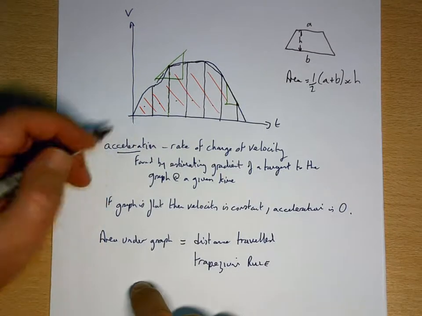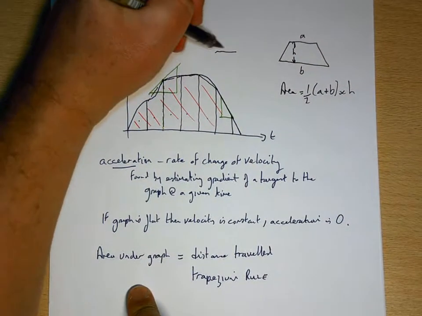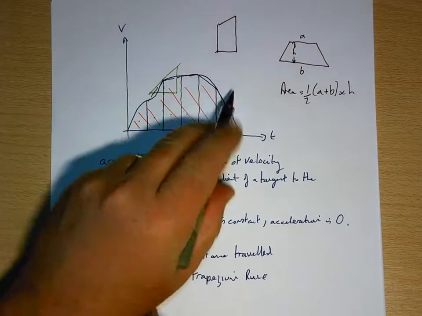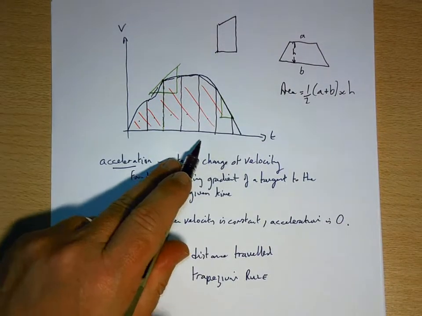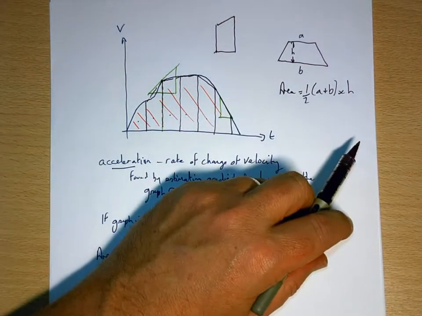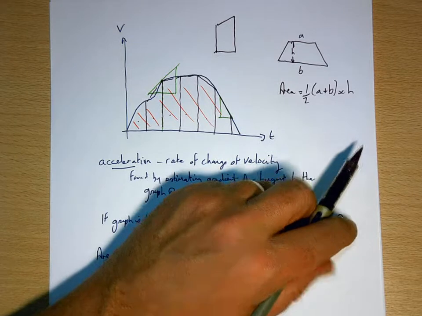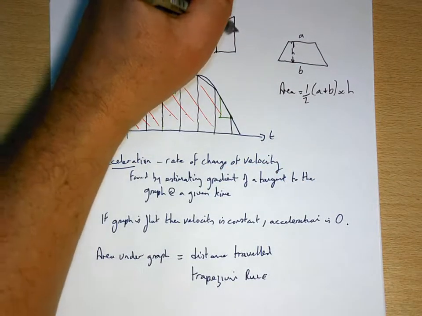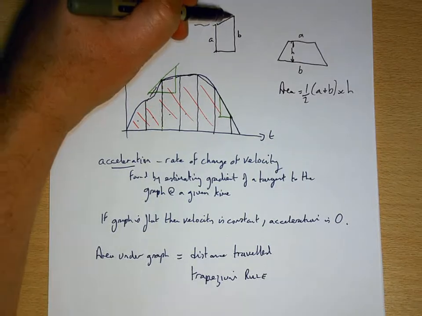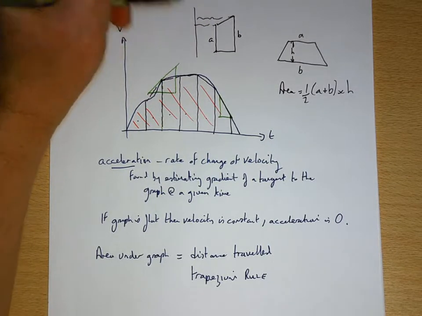Our trapezia are standing on their edge and they look like this. This is your time axis, your horizontal axis, so that's flat. So we've only got one angled side, but that doesn't matter. These are our A's and B's, so we read these off the y-axis.